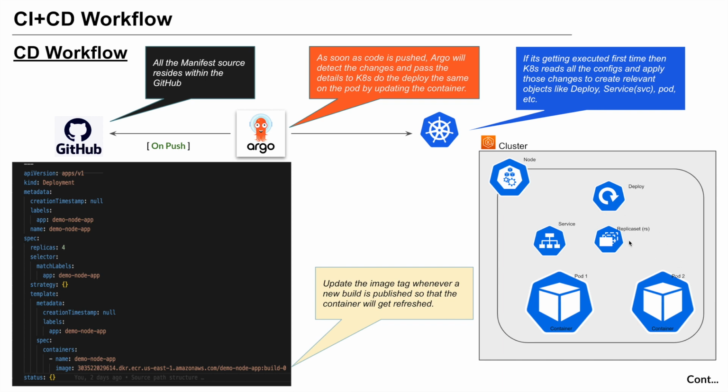And how are these objects created? In order to create these objects, you have to write the configurations, and that configuration looks like this. Now you may ask, hey Vikas, I'm simply updating this image, but how is Kubernetes going to pick up all these configurations and create these Kubernetes objects? Okay, good question.